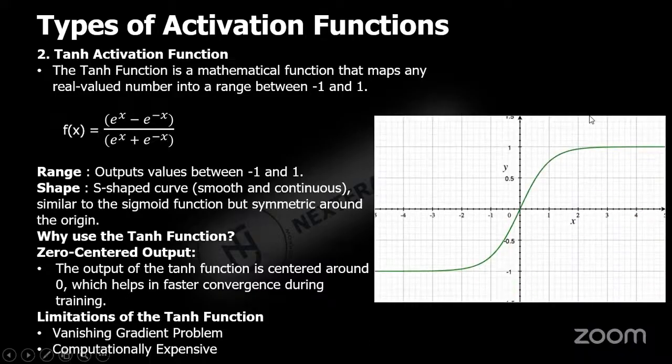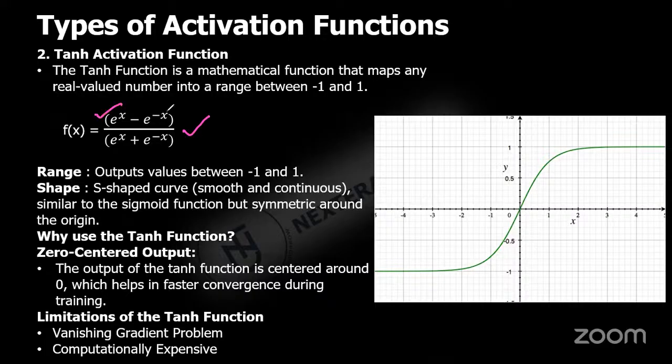So let me show you the plot. This is the plot of the tanh activation function. It uses the formula e power x minus e power minus x divided by e power x plus e power minus x. I have discussed earlier that activation functions are nothing but mathematical functions.